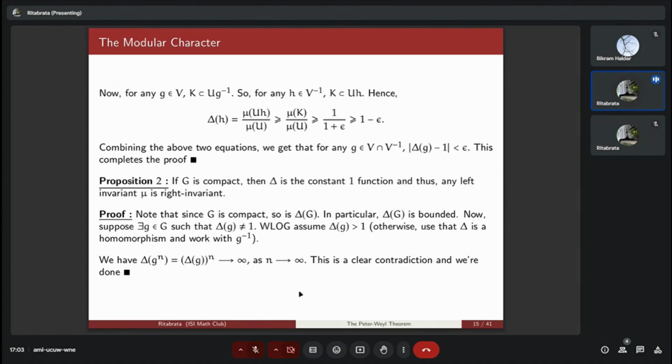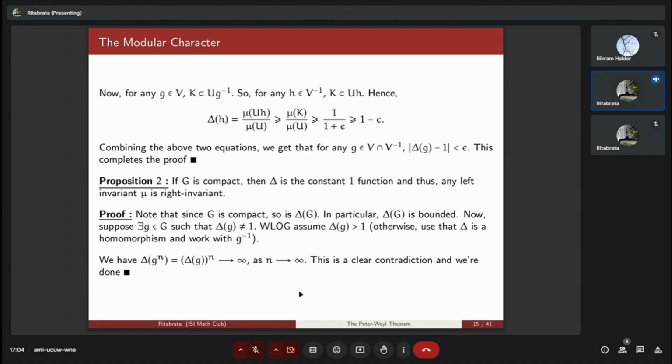If it is not the trivial map, we can find a point which is not 1. And without loss of generality, we can assume that it takes a value greater than 1. Because if it is not greater than 1, we have delta of g times delta of g inverse equal to 1. If one is less than 1, the other has to be greater than 1. So we can work with whichever of g or g inverse has image greater than 1.